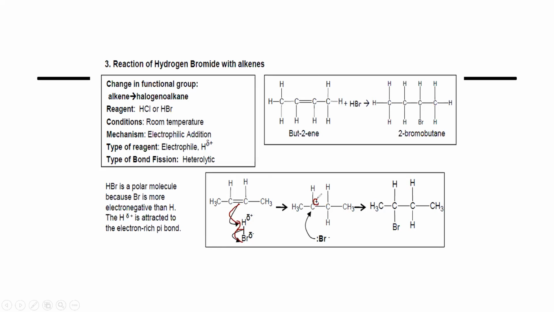So this can be carbon positive, or the second possibility can be carbon positive, but it will not make a difference. Why? Because this is a symmetrical alkene. Symmetrical means the structure has symmetry, like the carbon-carbon double bond has the same distribution of carbon chain. So when bromine attacks, it will form a bond and this results in the formation of the final product.